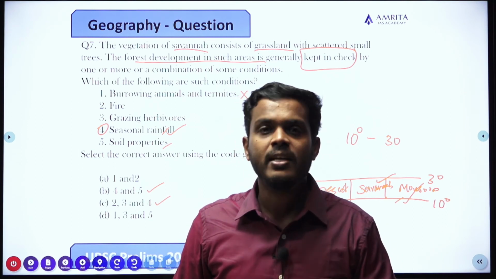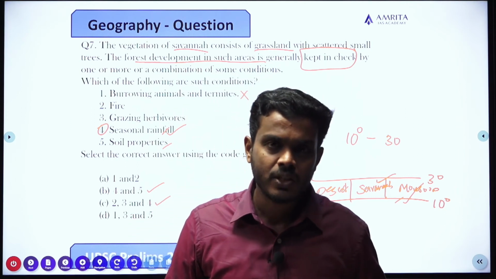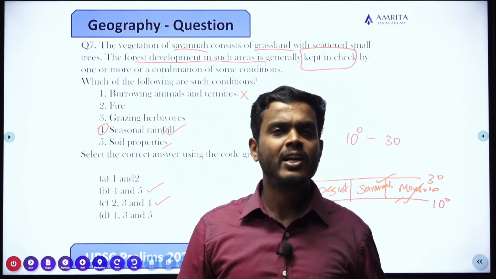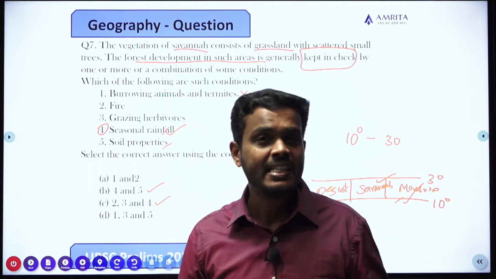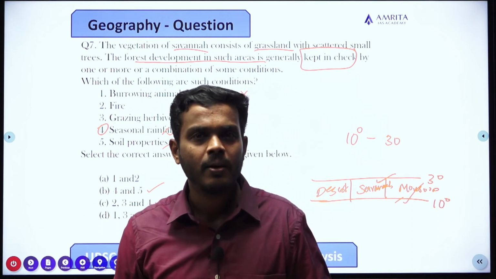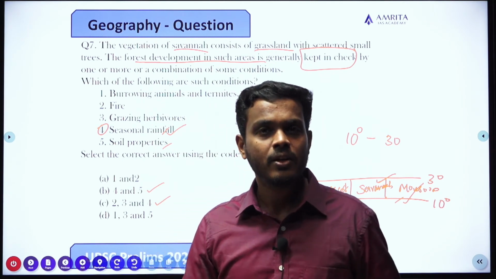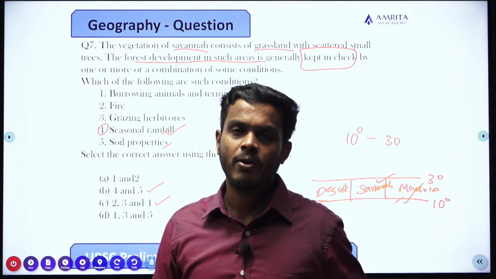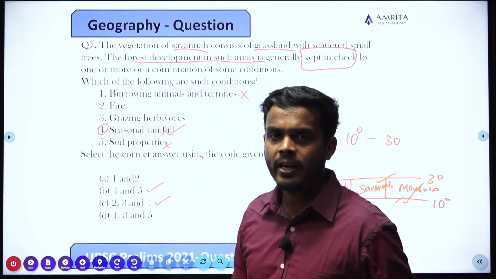No. Soil has some common properties and it affects the distribution of vegetation over there, but it cannot check the forest development. Different soils will have different vegetation, that point is right, but a particular soil type cannot check the vegetation growth in a particular region. So we can eliminate soil properties.